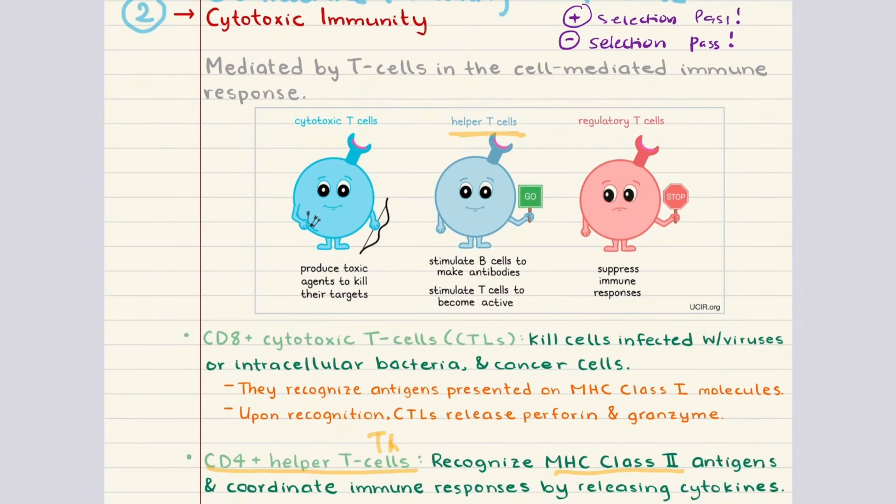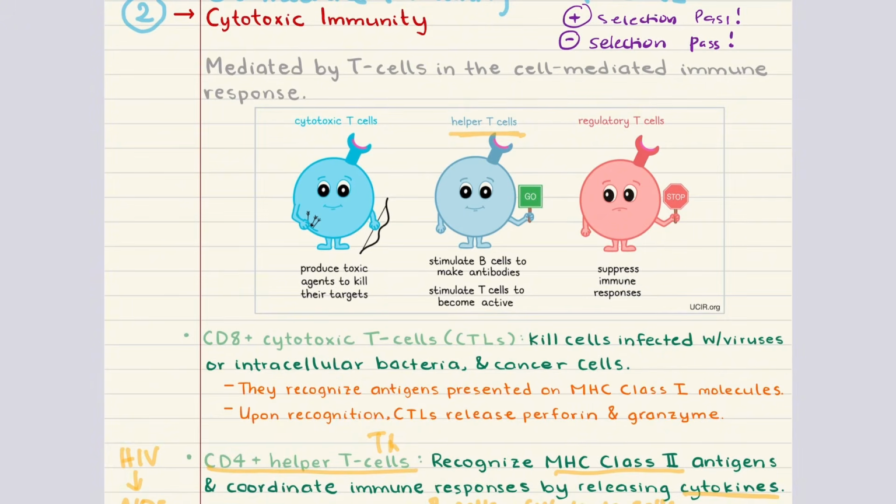Once they're activated, helper T cells secrete signaling molecules which recruit and activate other immune cells. Those include B cells, cytotoxic T cells, and macrophages. And this makes helper T cells central coordinators of the immune response. Unfortunately, CD4 plus T cells are the primary target of HIV, the virus that causes AIDS.